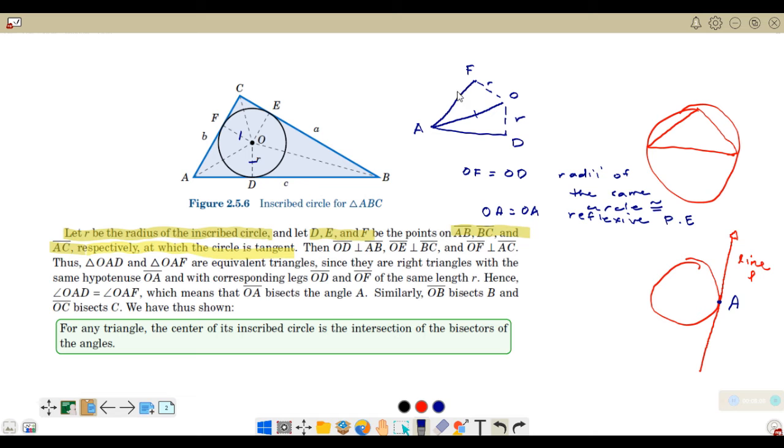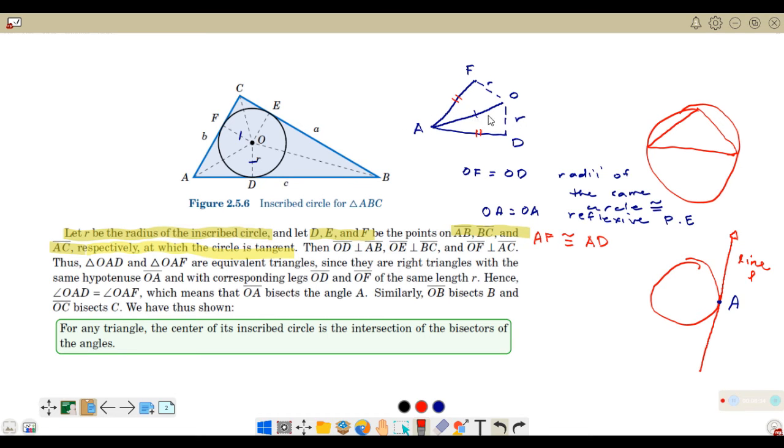So, what can we say about these two sides, AF and AD? AF is congruent to AD as well. So, we have SSS congruence. If you have two sides that are already congruent, the third corresponding sides are also congruent. Okay?